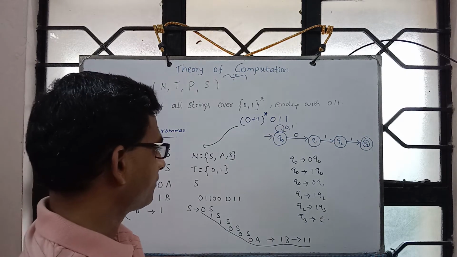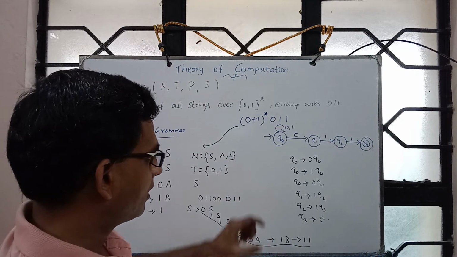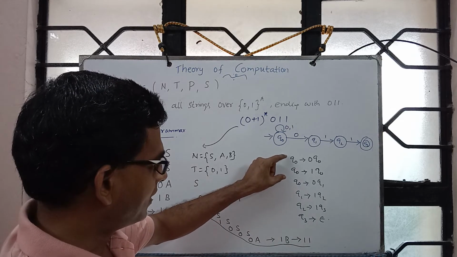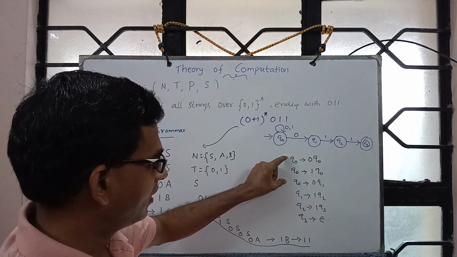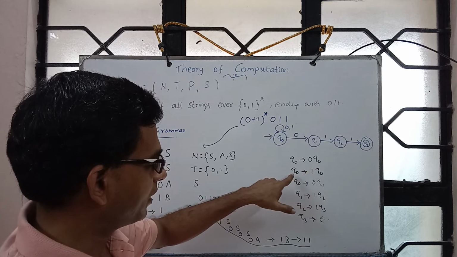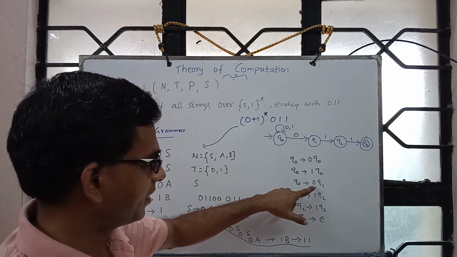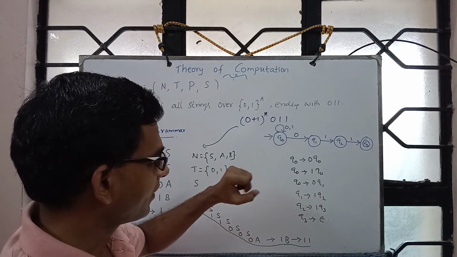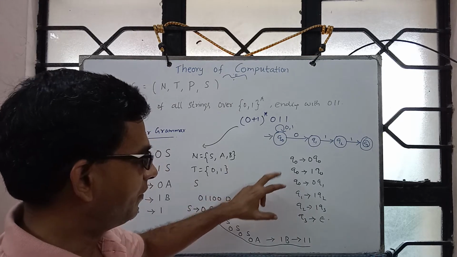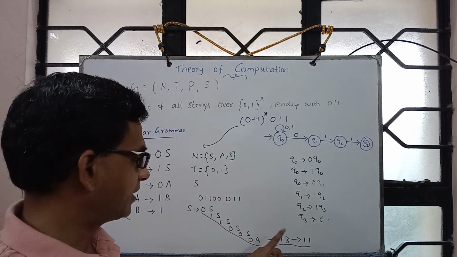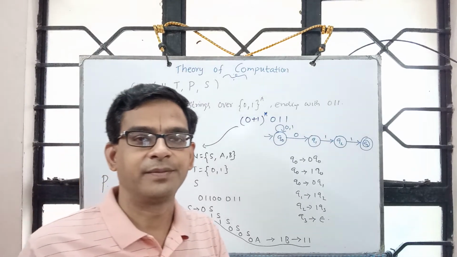That's one. Another one: because of these three, Q0 implies 0 Q0, Q0 implies 1 Q0, Q0 implies 0 Q1, and so on. Is it possible that we obtain more than one derivation for the same string?